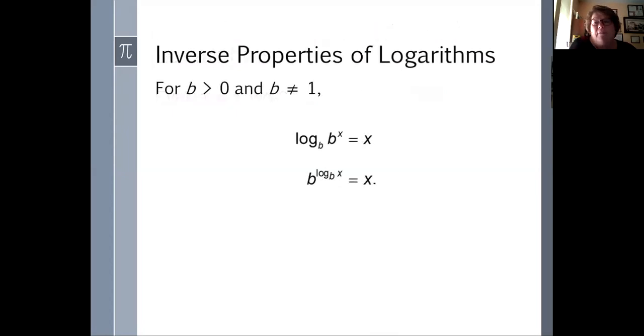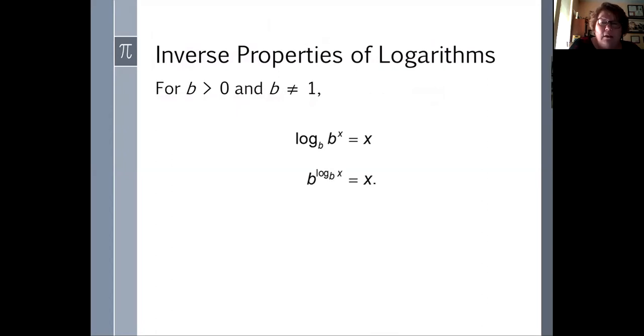All right, so we have a couple of inverse properties of logarithms. The first one we use all the time. The second one, maybe not so much. The first inverse property says that the log base b of b to the x is x. And if you think about the definition of the logarithm, that makes sense.